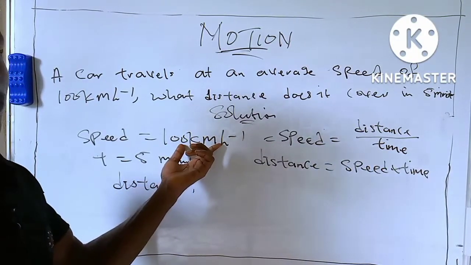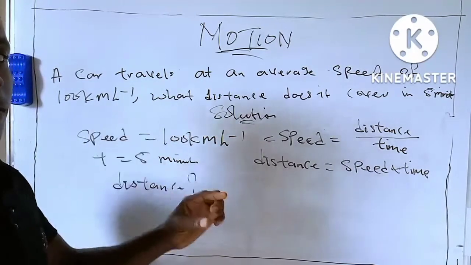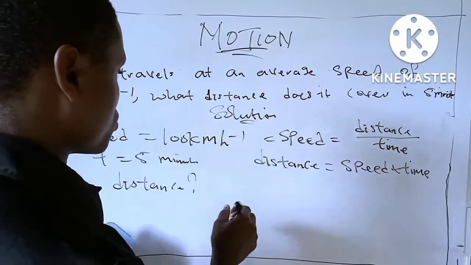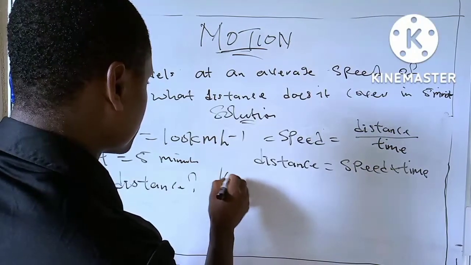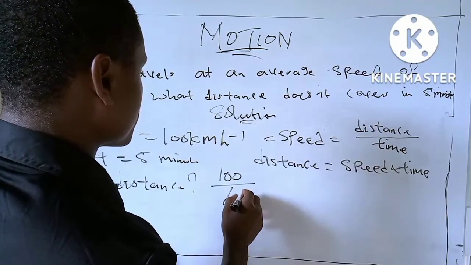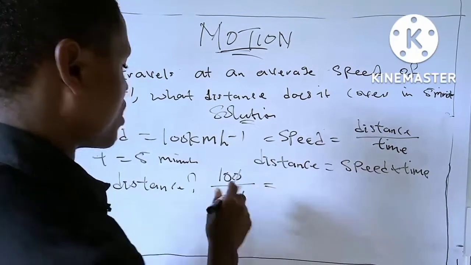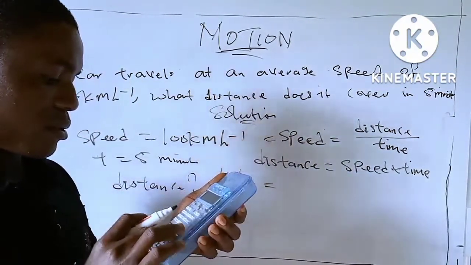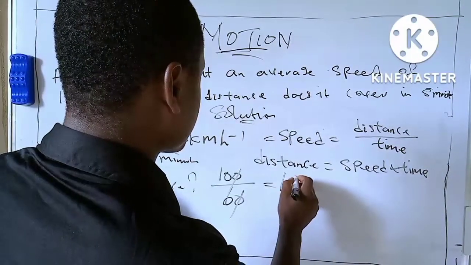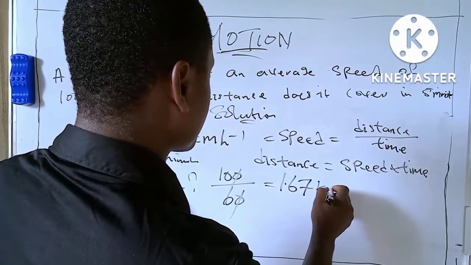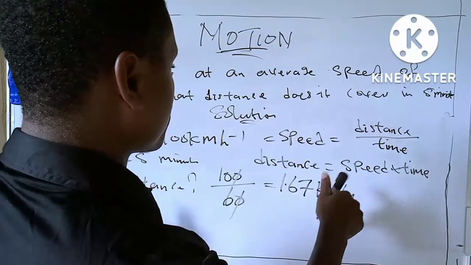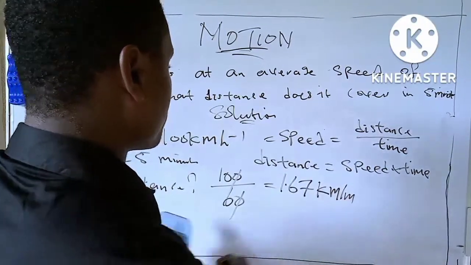So we change this 100 km per hour to kilometer per minute before we start our calculation. The 100 divided by 60, what do you have? 10 over 6, which is 1.67 kilometer per minute.